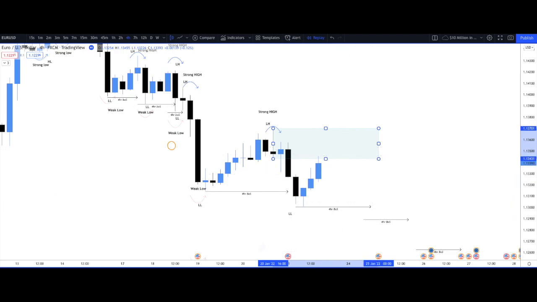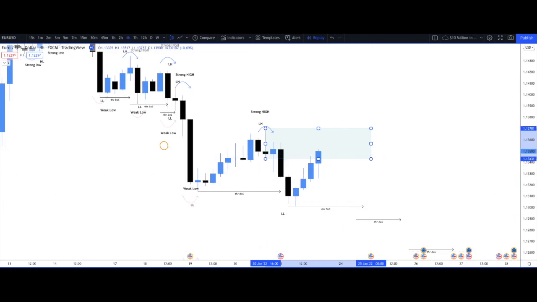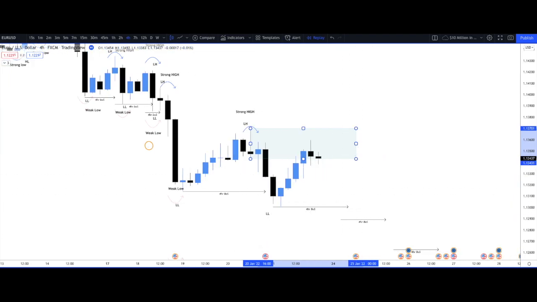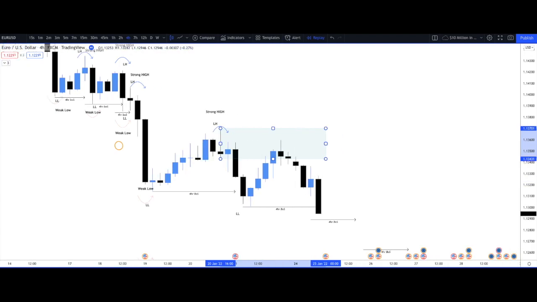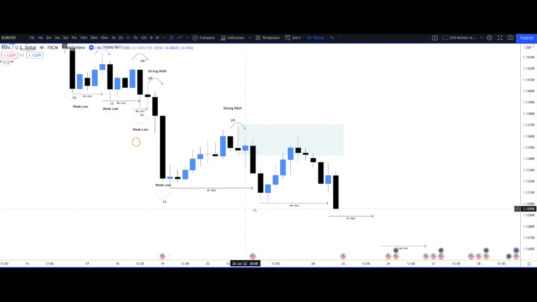And are we going to roll over? There's a high probability because we're going with the trend. Okay. Now look at this. It's come right to the back of the range. And here we go. We've had a 4-hour BOS. Okay. We've had a new lower low. I'll just update these as we go. Okay.